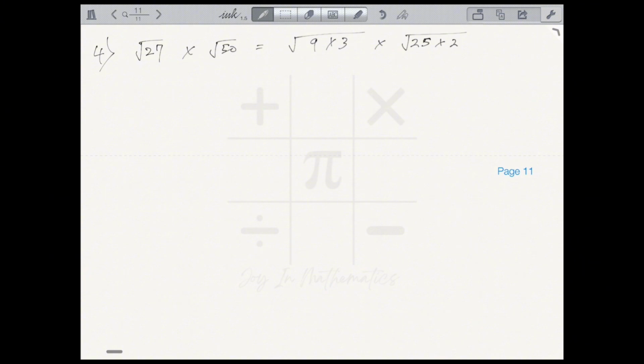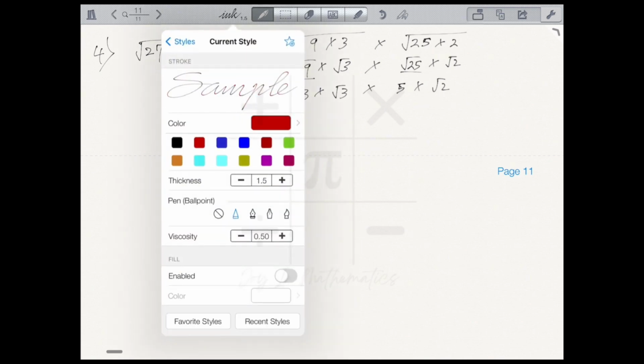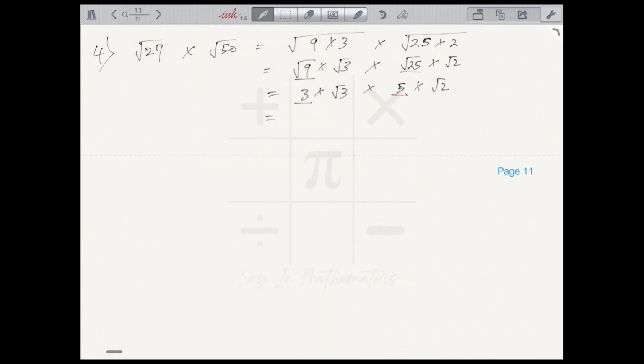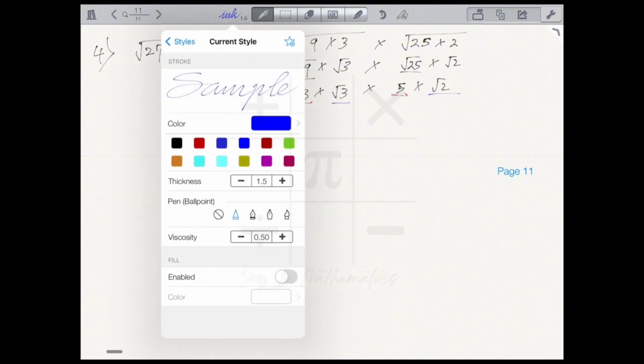In its basic form now we have root 9 multiplied by root 3 multiplied by root 25 multiplied by root 2. Root 9 is 3, root 25 is 5. Now the rule is to multiply the rational numbers together and then the surd numbers together.